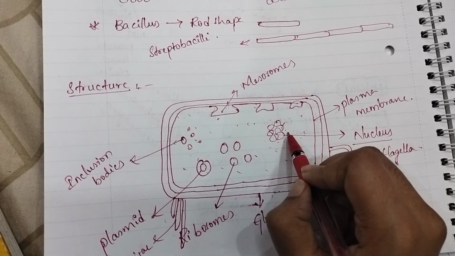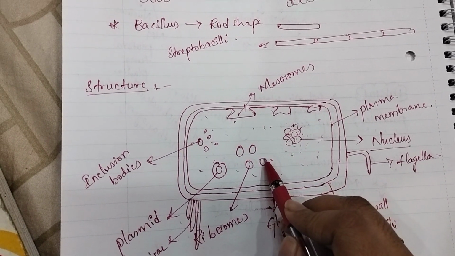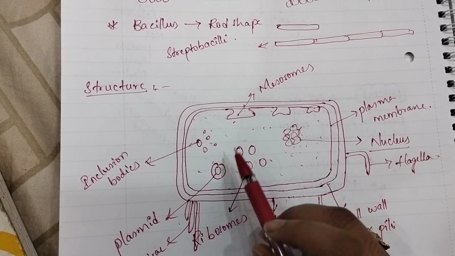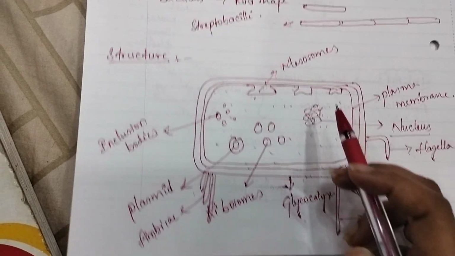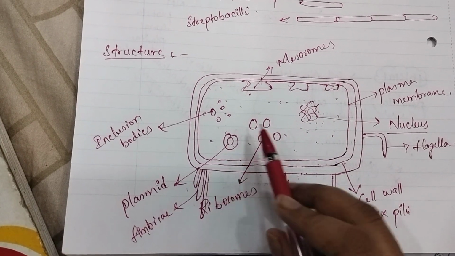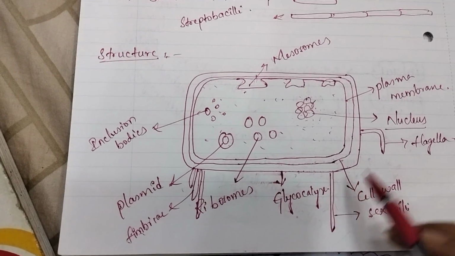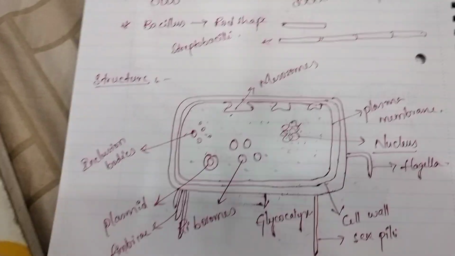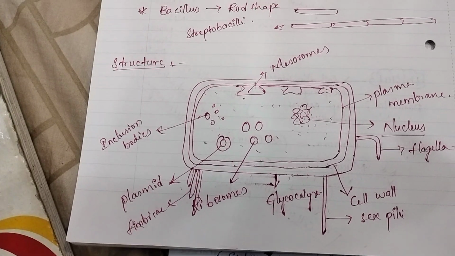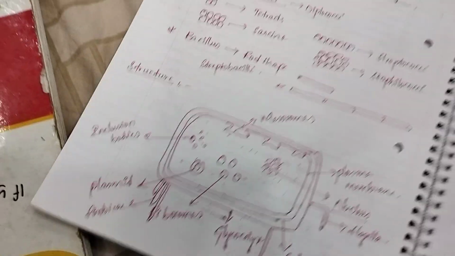Along with this nucleus there are ribosomes, and also plasmids, inclusion bodies and mesosomes. Some external structures are also present, called fimbriae, sex pili and flagella. Now let us discuss each organelle and the cell envelope in detail.